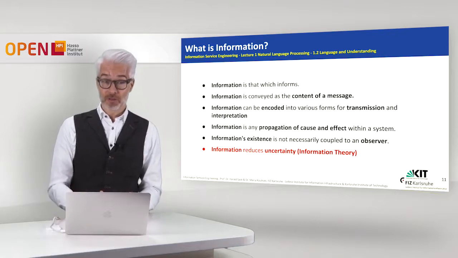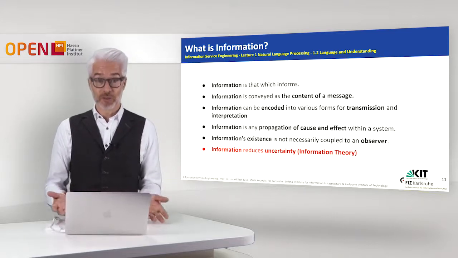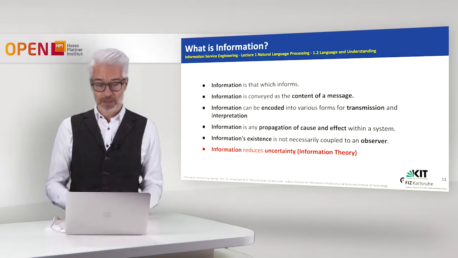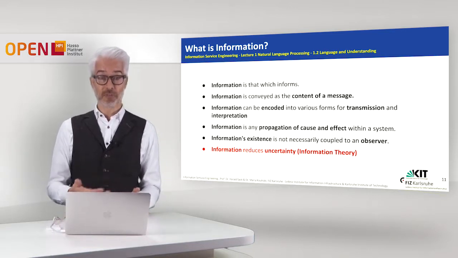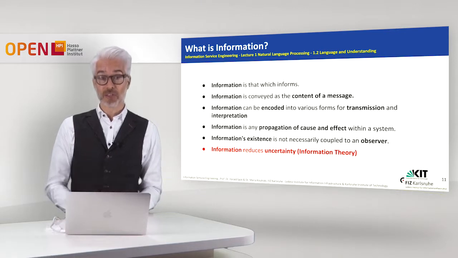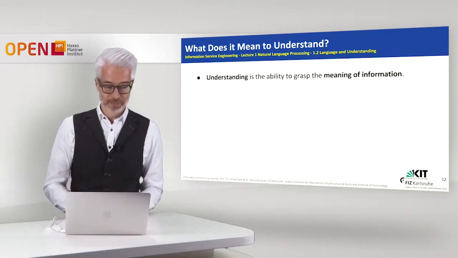Less information, more uncertainty; more information, more certainty. This is the way information theory defines information, and this is also the definition we will later focus on when we construct language models for natural language processing.